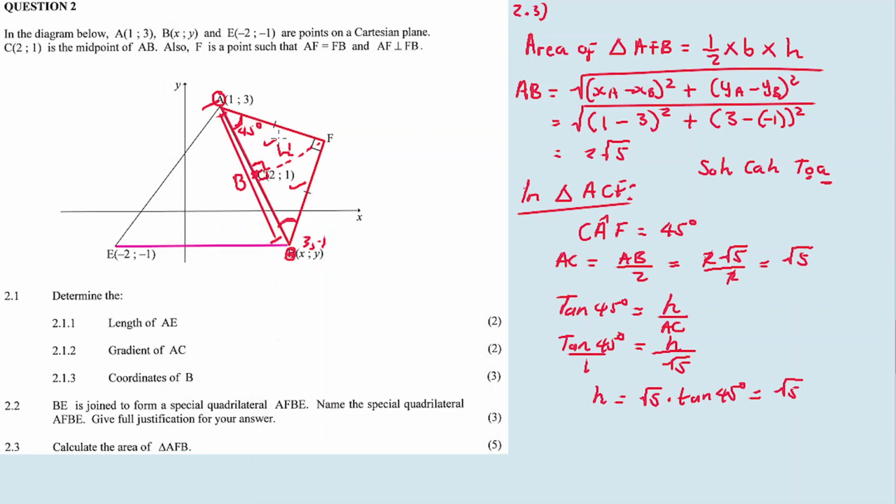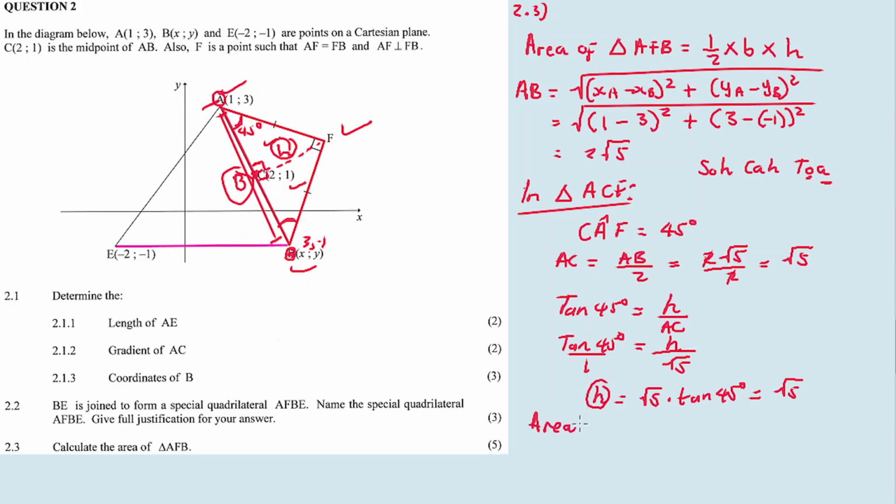Now I have the height and I have my base. Remember, don't forget I want the area of triangle AFB. We divided the triangle so that we can calculate height, right? So now I have base and height, and now we can calculate the area.